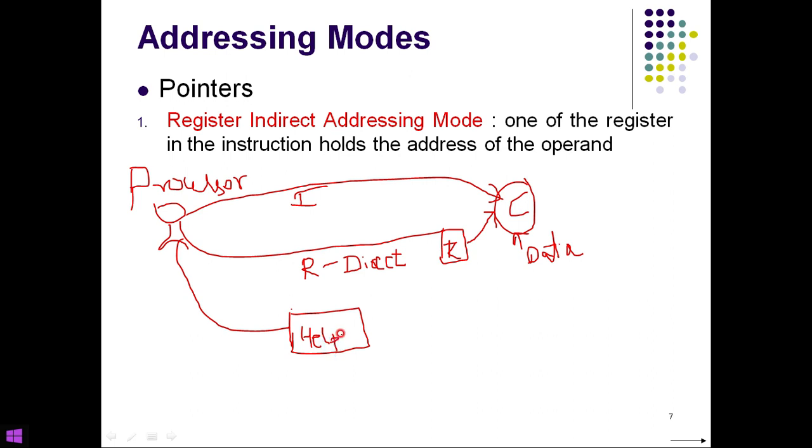I ask my helper to get me this chocolate. So from the processor, or from your professor, it has come to a helper. From the helper, where is he going now? He is going to Ramesh Anna. Ramesh Anna will take the candy or the chocolate and give it back to the helper. Then the helper will give it to me.